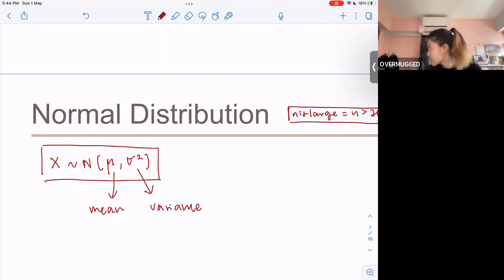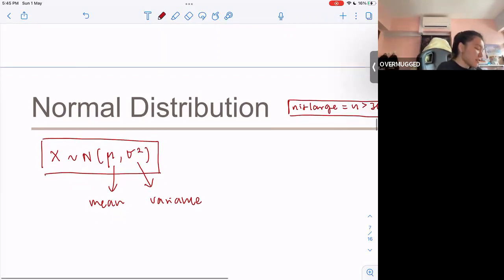And of course, for your random variables, it follows what we talked about just now.